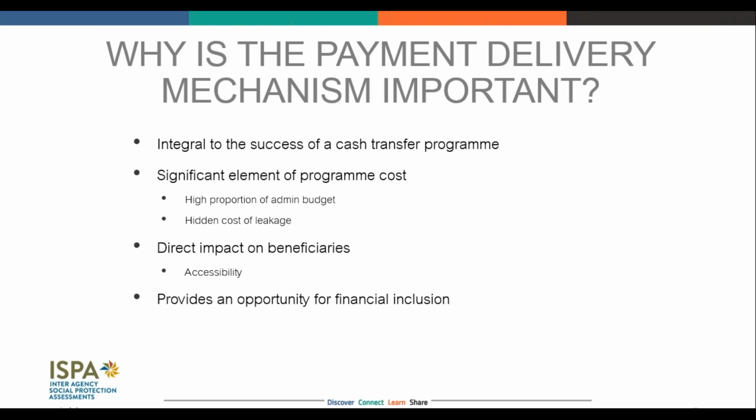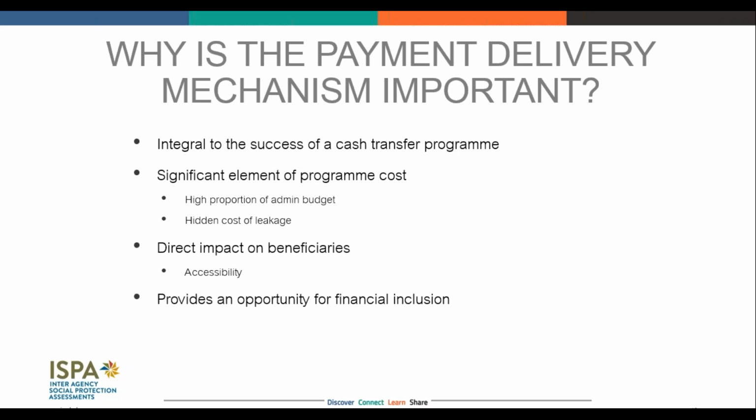We also know that the payment delivery cost can be a very high proportion of the admin budget. Up to 50% of the admin budget may be allocated to payment delivery. There's also the hidden cost of leakage that needs to be considered here, when we're talking about theft and corruption of transfers which are meant to be destined 100% to your beneficiaries.